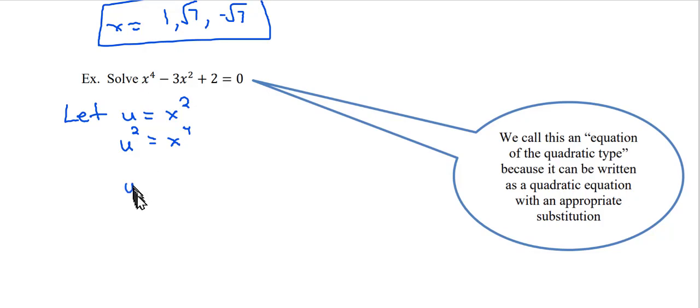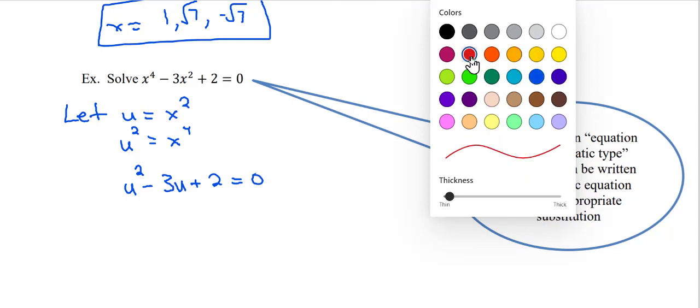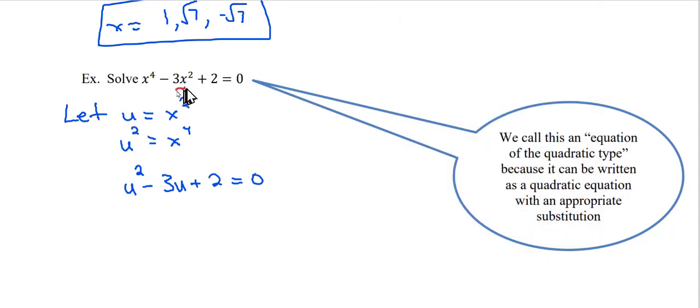That x to the 4th can be replaced by u squared. Then we'd have minus 3, x squared gets replaced by u, and then we have plus 2 equal to 0. So what's happening here is this x squared gets replaced by u. This x to the 4th gets replaced by u squared.